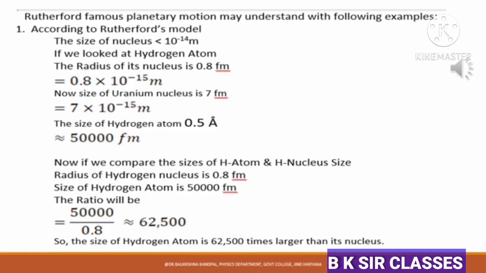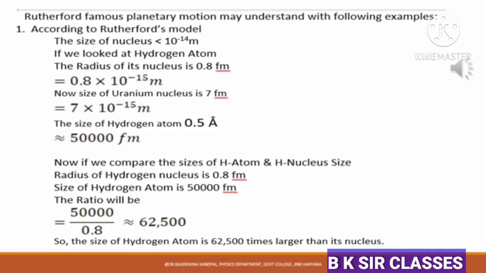Now if we compare the sizes of the hydrogen atom and hydrogen nucleus, the radius of the hydrogen nucleus, as we have earlier discussed, is 0.8 femtometer, and the size of the hydrogen atom is 50,000 femtometer. So the ratio is 50,000 divided by 0.8.